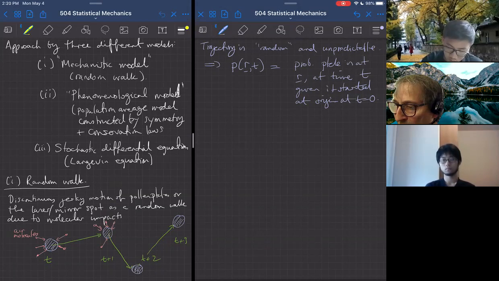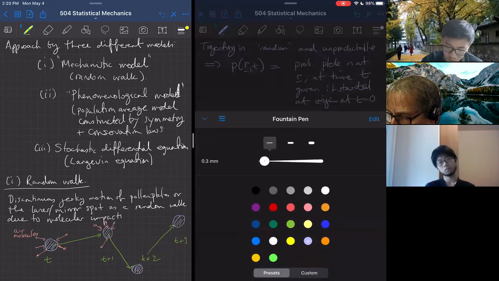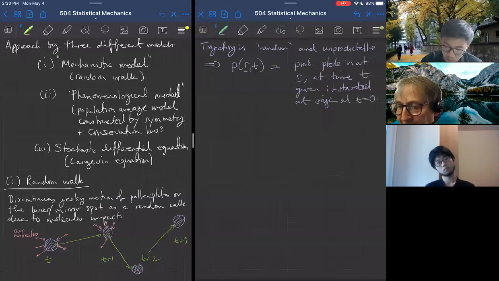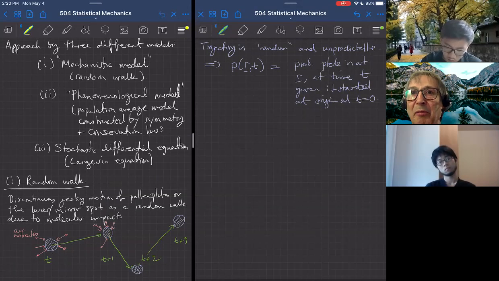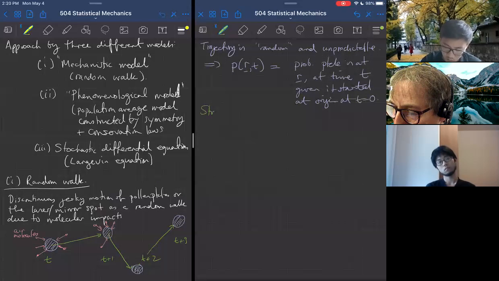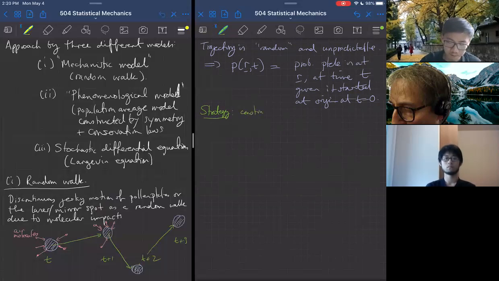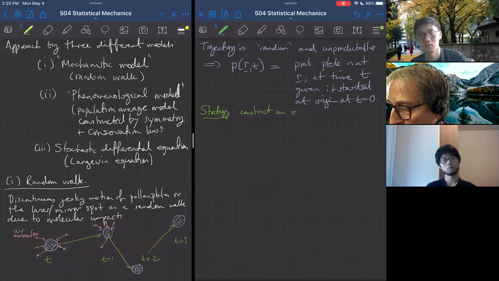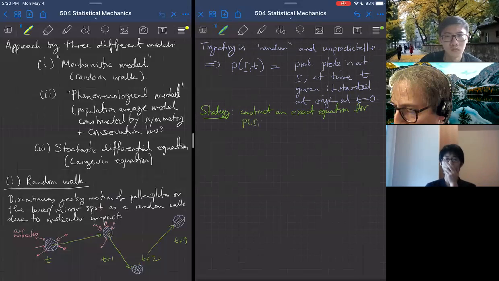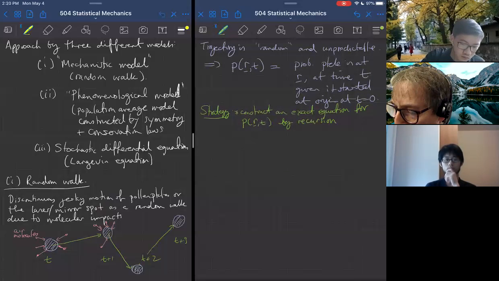So the strategy is I'm going to show you how to write down a differential equation satisfied by P, and then we're going to solve it. We're going to construct that by recursion, and then we're going to solve that equation.